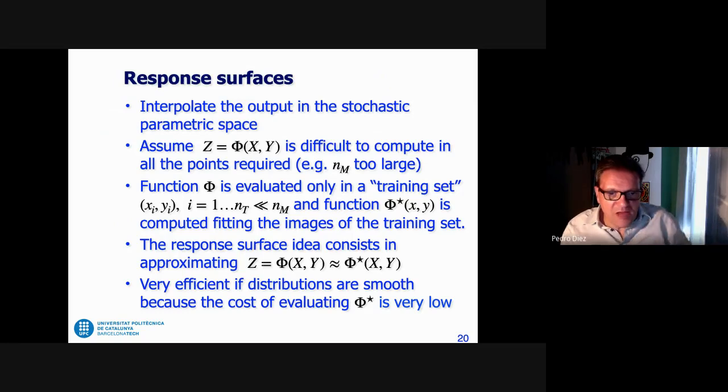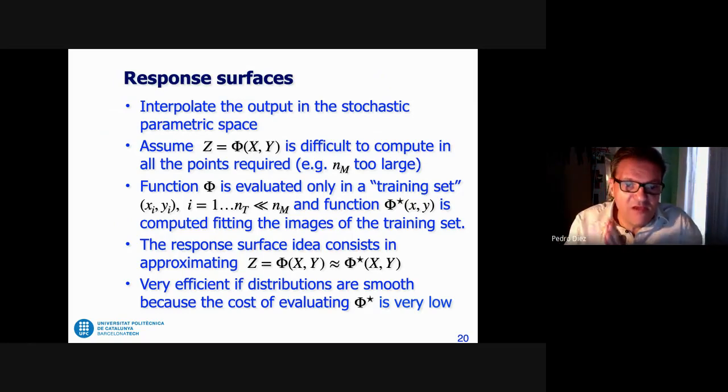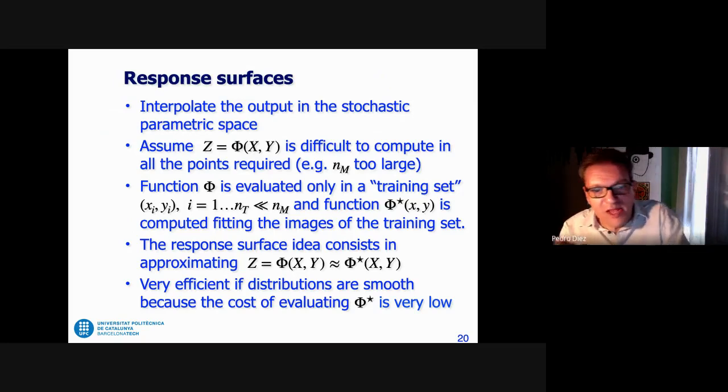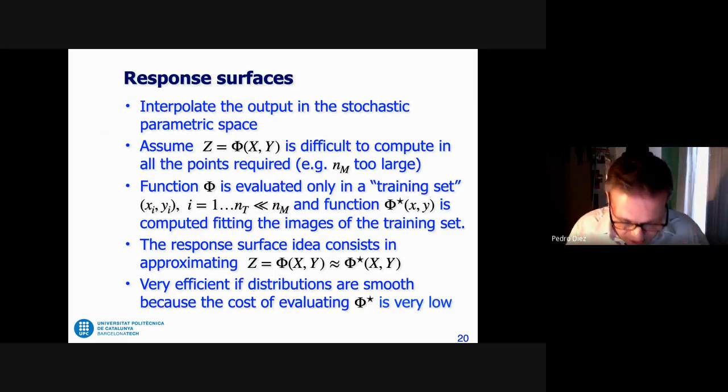Each time you want to perform an evaluation for a different value of the input parameters, you need to wait 1 day, or at least 1 day of computation in a large cluster, and that's what happens in car manufacturers.